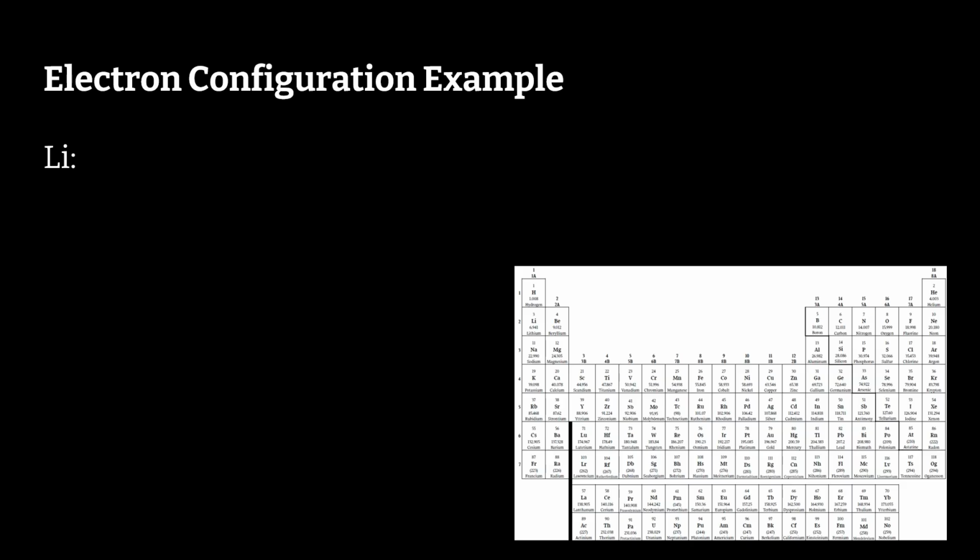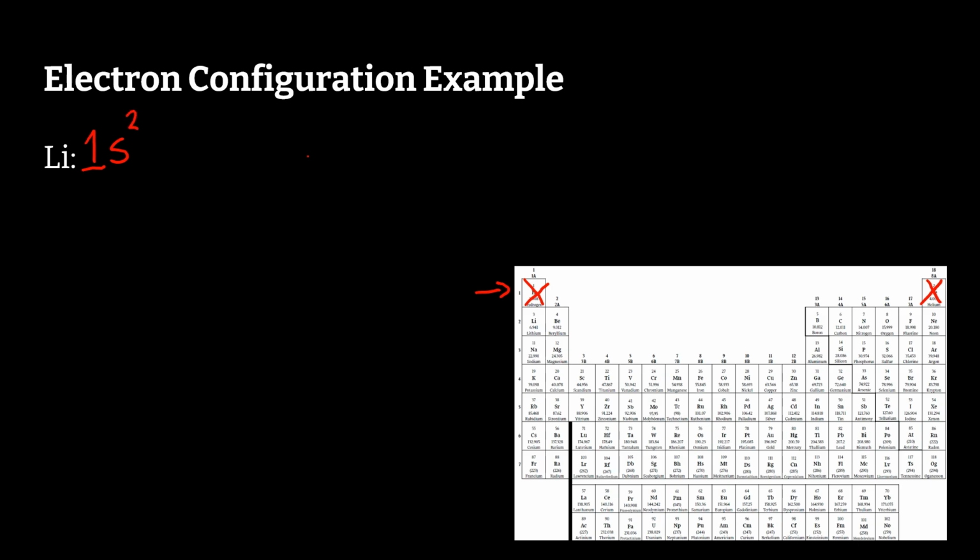Getting a little bit deeper, looking at lithium. Reading the periodic table like a book for the first time, we have to start at the beginning. So we're starting at energy level 1. We enter into the s block, and it is able to hold 2 electrons. So this is 1s2.